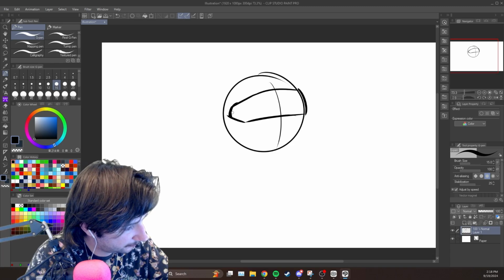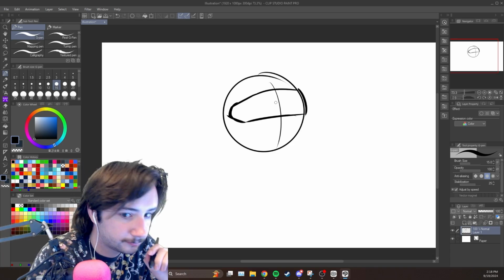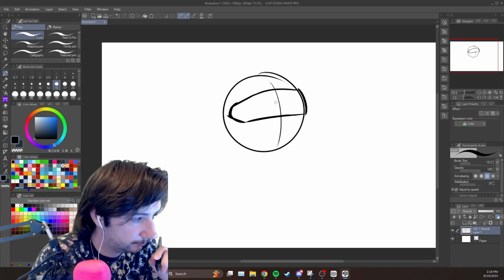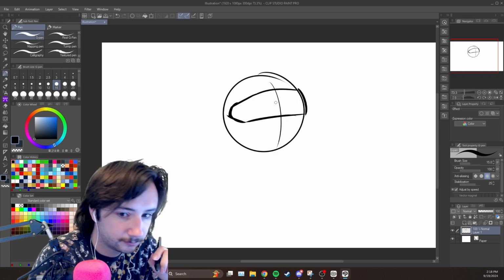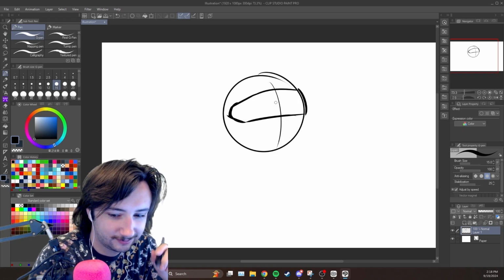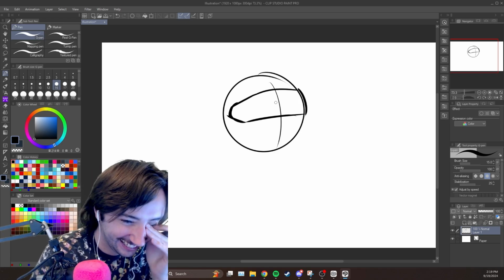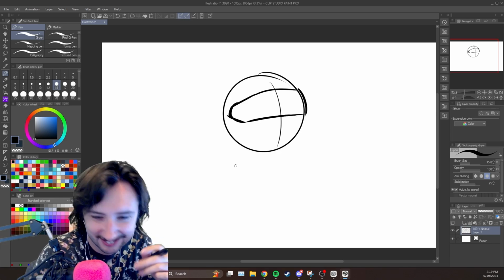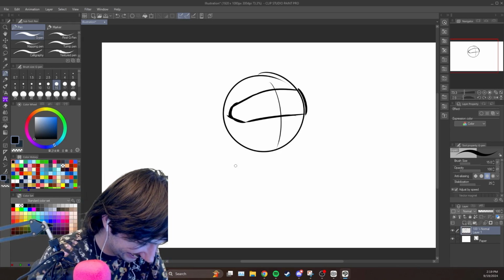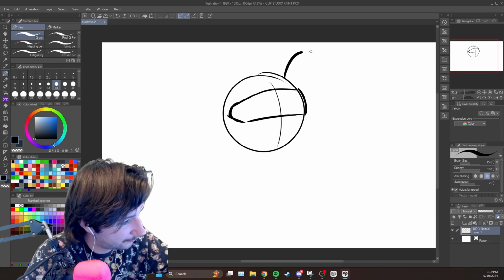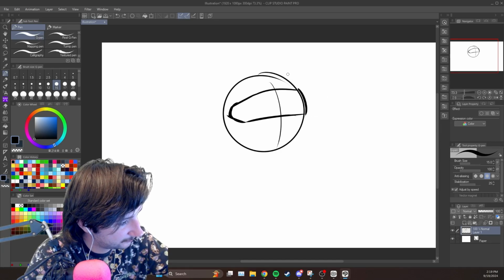Right. Okay. So now protruding from the sphere, out to the right, you are going to draw... Yeah, this one's actually insanely hard. You're going to draw a teardrop coming out vertically. I mean horizontally.